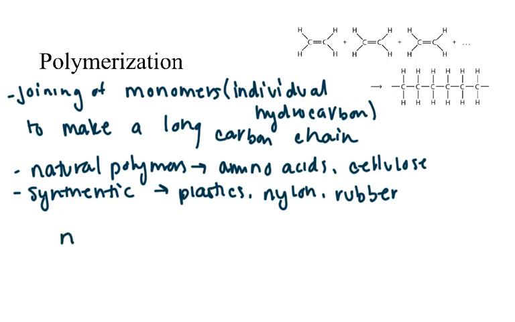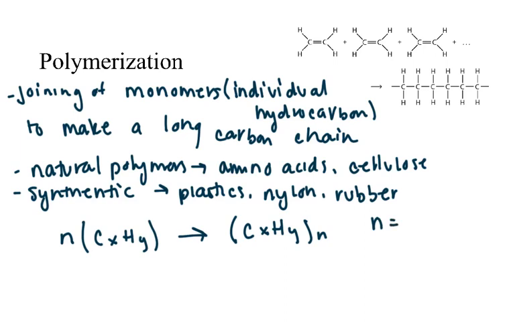So n, I'll explain what n is in a second. So CxHy, this is your hydrocarbon or your monomer. And then we are going to end up with a longer chain of them. So n is equal to a very large number.